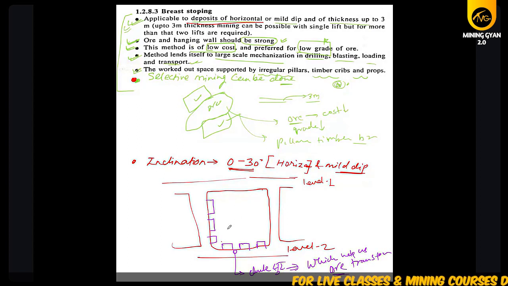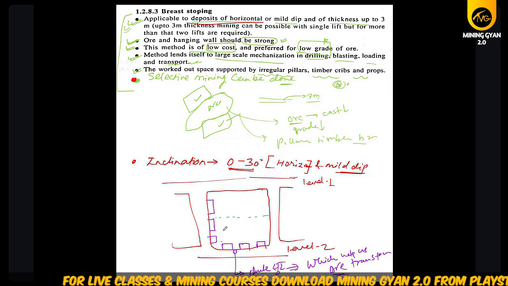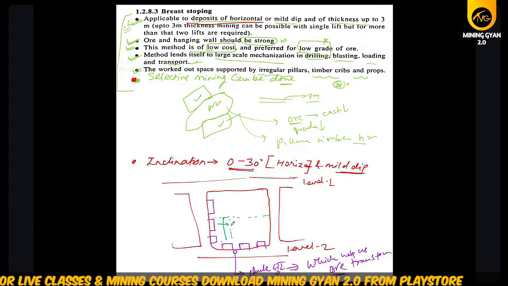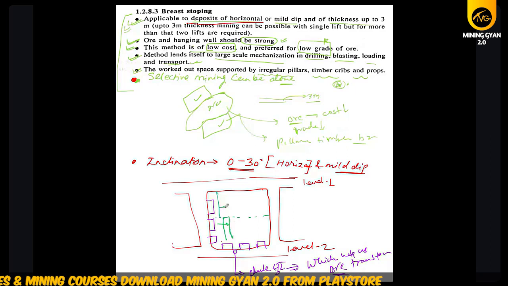So in this method we divide the stope into 2 slices. This first slice we will extract, and when this slice has advanced, we will start to extract the next slice.